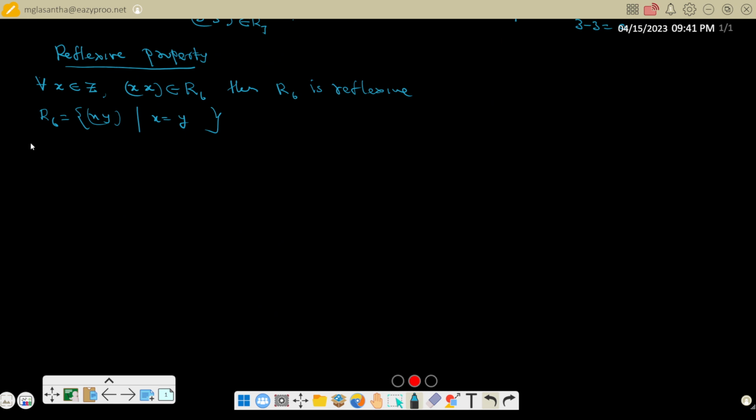That means for all x belonging to here, x equals x. It's obvious. Therefore (x, x) belongs to R6. Therefore R6 is reflexive.